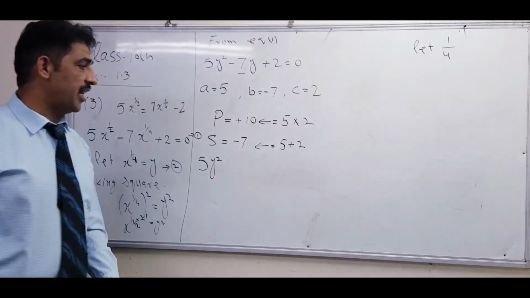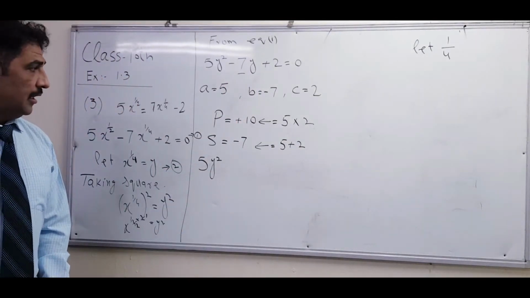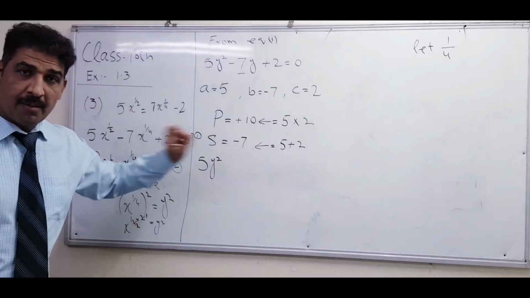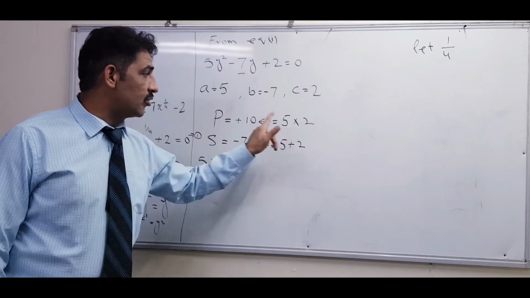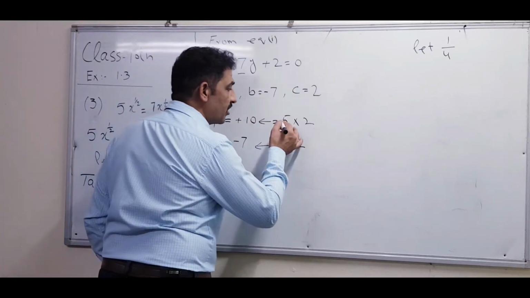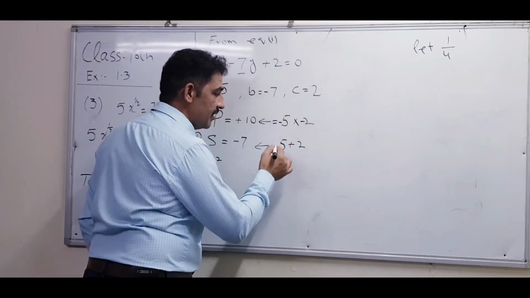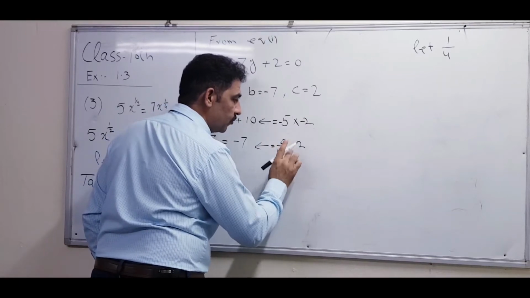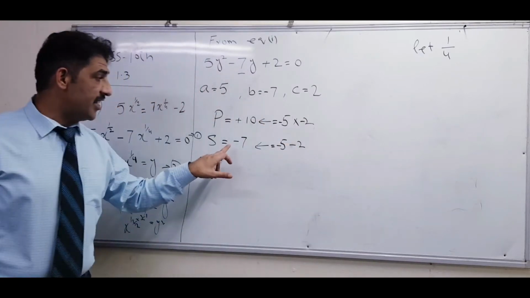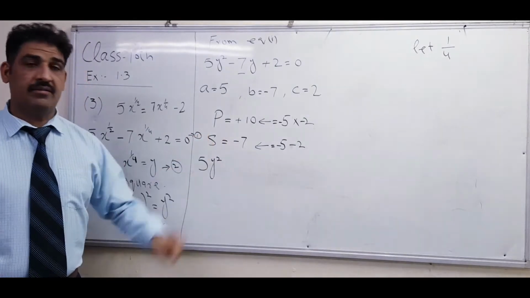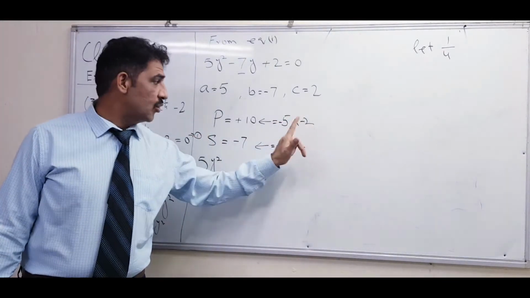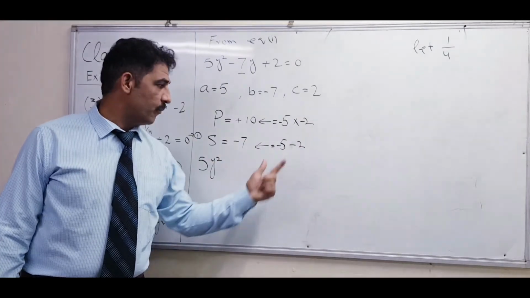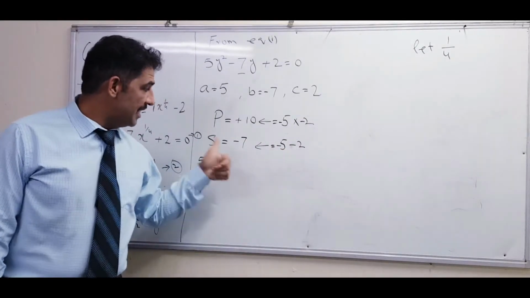One thing you have to take care of: what is the sign here? Minus. If there is a minus sign, you have to write both signs as minus and minus. Why? Because here we need the negative answer, minus 7. Here minus into minus is plus, so 5 twos are 10. Minus 5 and minus 2 make 7.